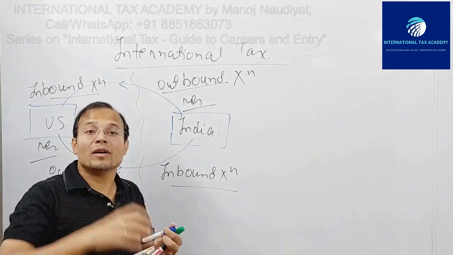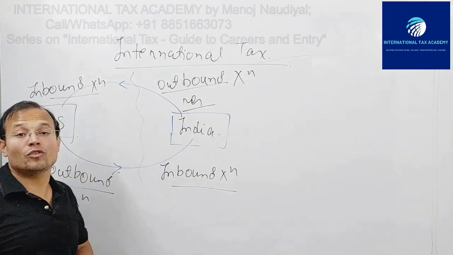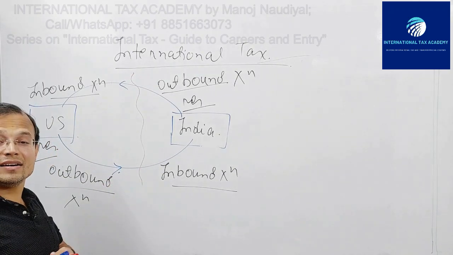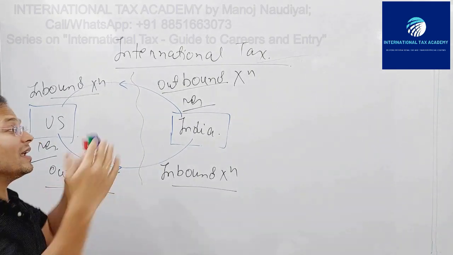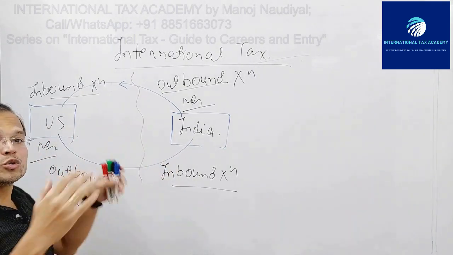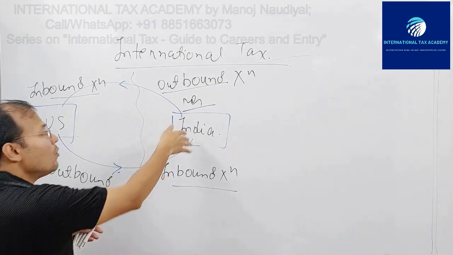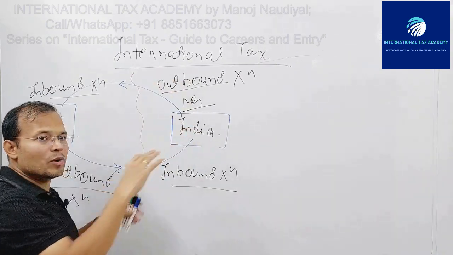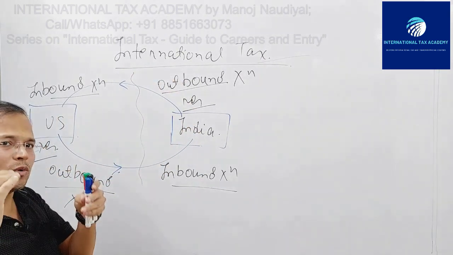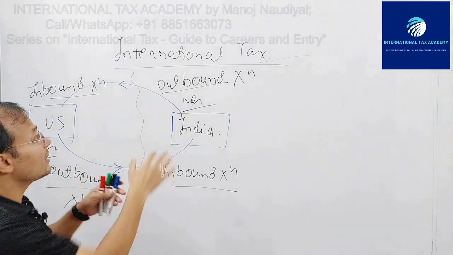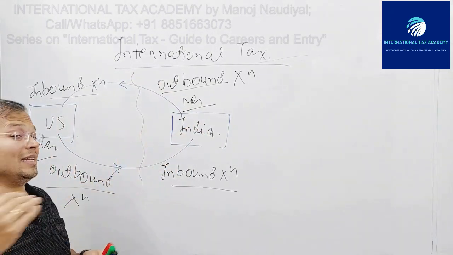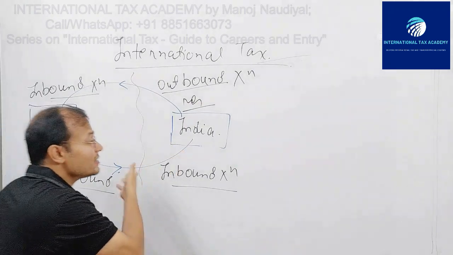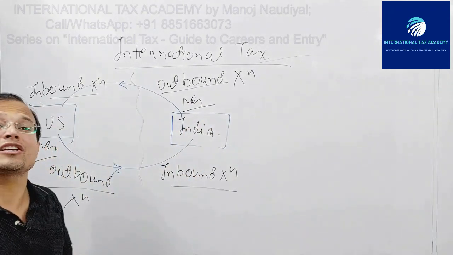So when we talk about international tax, I've told you that it covers international aspects of income tax systems of India and the US. How would the Indian income tax laws treat this outbound transaction, and how would the Indian income tax system treat this inbound transaction from the perspective of taxation?